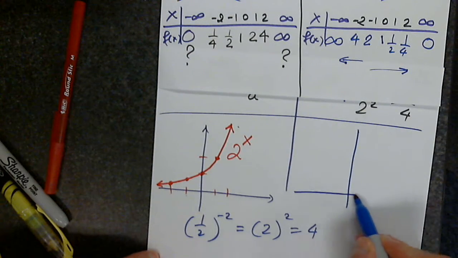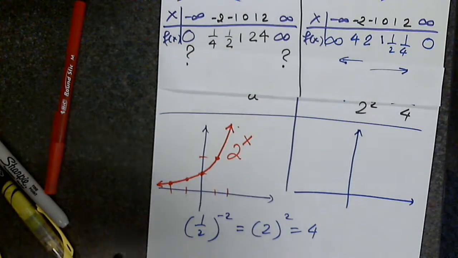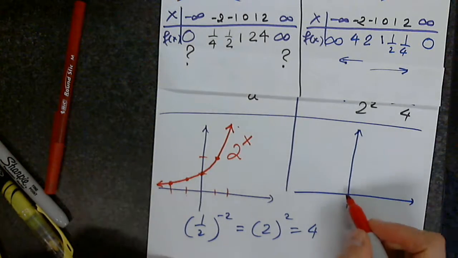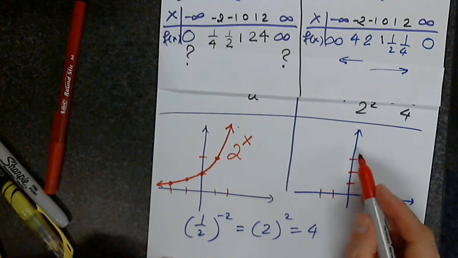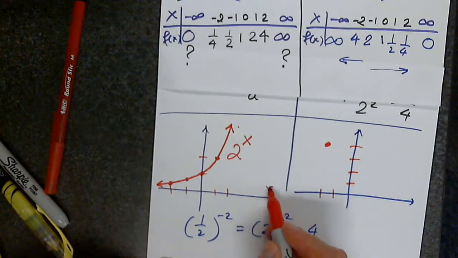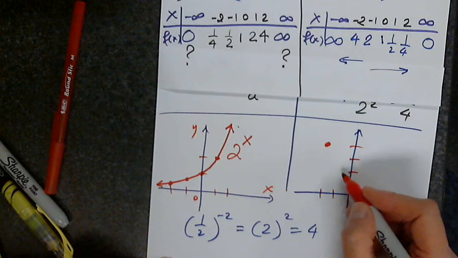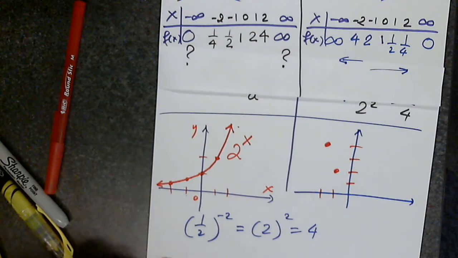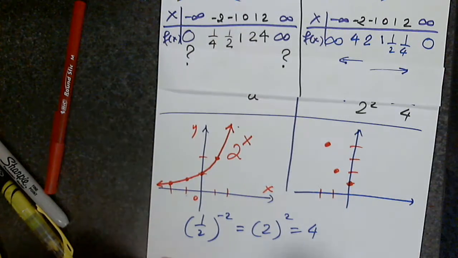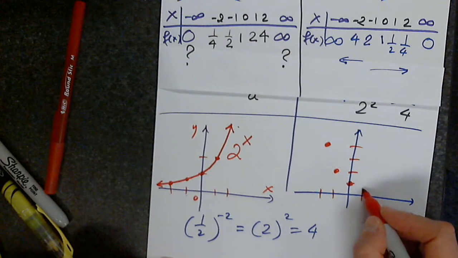Can anyone identify the first ordered pair that needs to be plotted? Negative 2, 4. Second ordered pair. Negative 1, 2. Third. 0, 1. Fourth, please. 1 and 1/2.